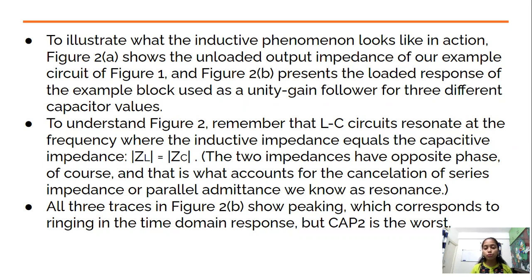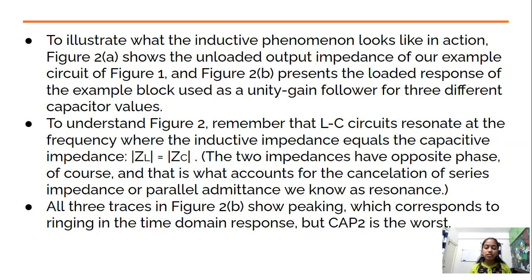To understand figure 2, remember that LC circuits resonate at the frequency where the inductive impedance equals the capacitor impedance, ZL equals ZC. The two impedances have opposite phase, of course, and that is what accounts for the cancellation of the series impedance or parallel impedance we know as resonance.